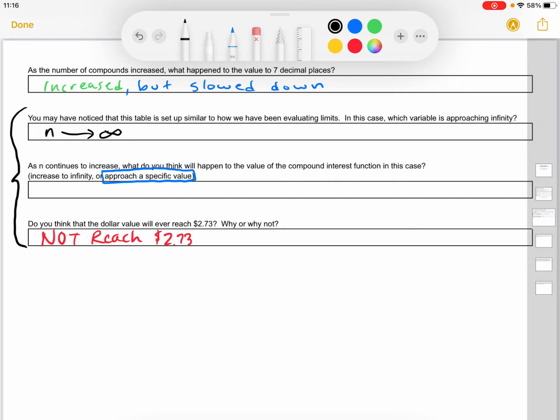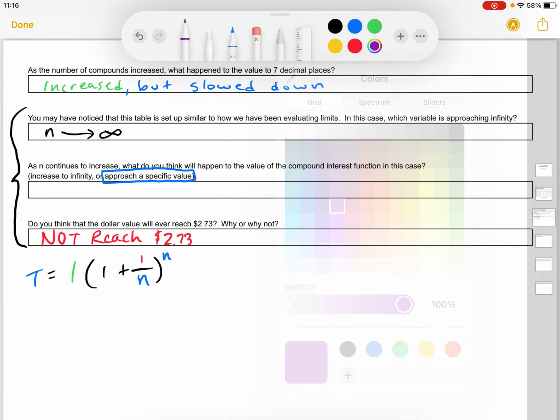So we have our compound interest function, and the way that you set this up would be the total is equal to 1 times 1 plus 1 over n, your number of compounds, to the n times t, which in this case, our t value is 1, right? t equals 1 because we're talking about 1 year.